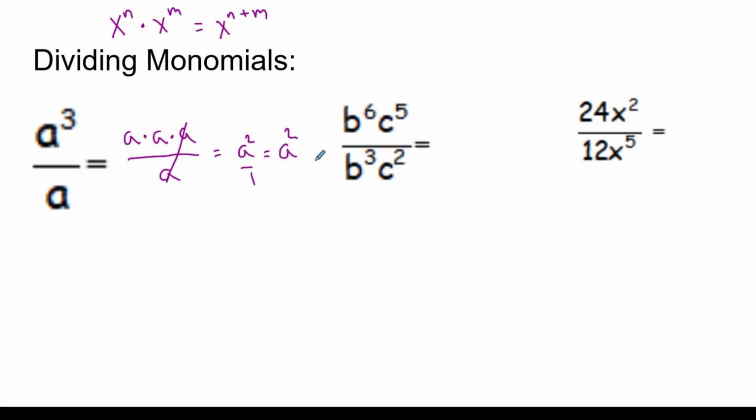So what did I do? I had a cubed on top, a to the 1 on bottom. If we think about it, what we really did is we did a to the 3 minus 1. We took away the 1a that was on the bottom. So when I'm dividing monomials, I'm going to subtract the exponents.